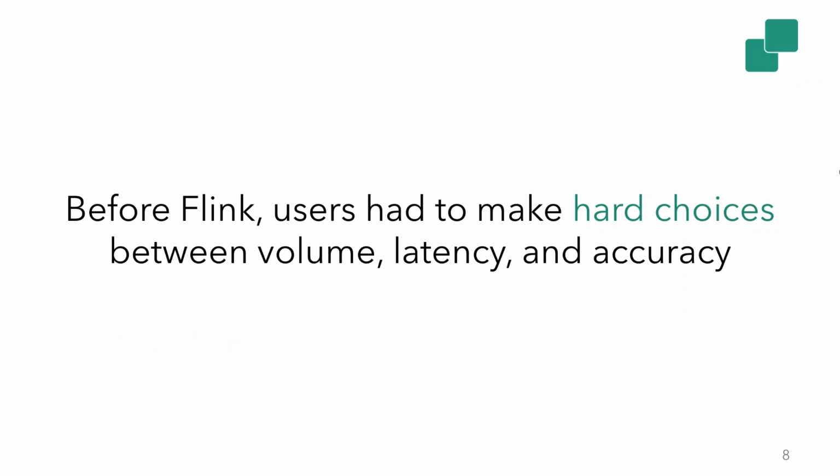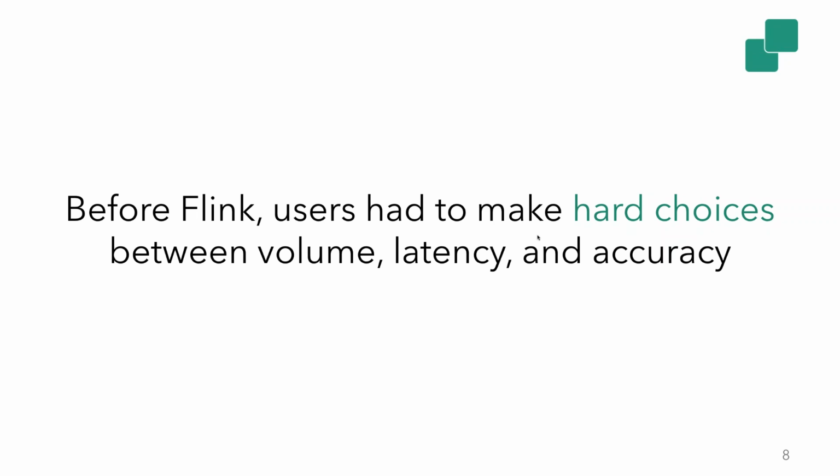In my opinion, before Flink, users of stream processing frameworks had to make hard choices, and they had to navigate some pretty tough trade-offs. In particular, a trade-off between what is the volume of streams that I can handle, what is the latency that I can achieve in my application, and what is the accuracy that I can achieve in my application.